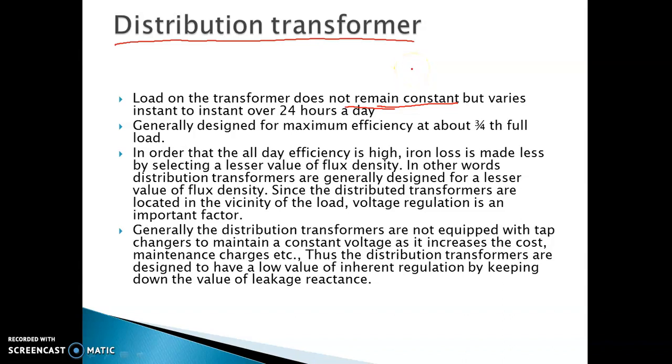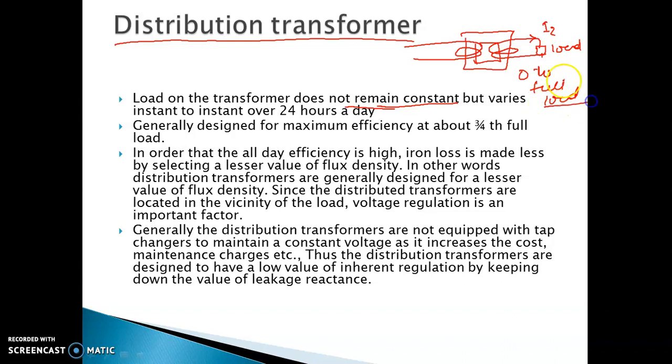This is the secondary side, where the load current flows and the load is connected. Sometimes the load may be zero also. Sometimes the load is very high, sometimes less, but it varies from 0 to full load.